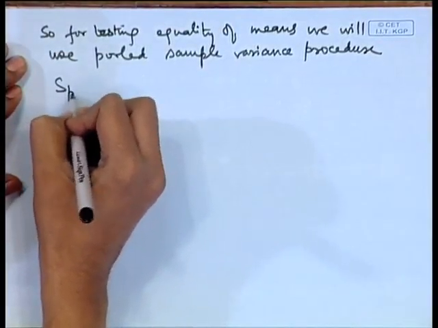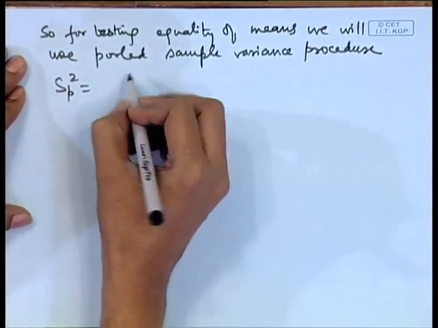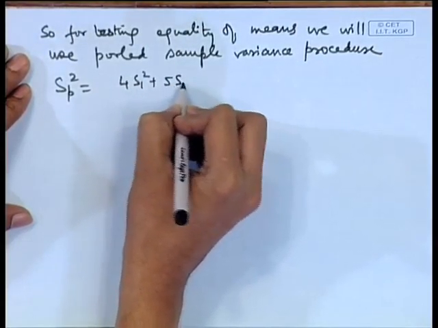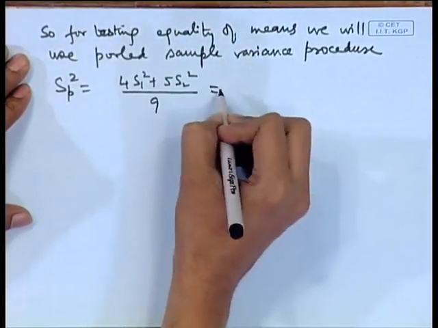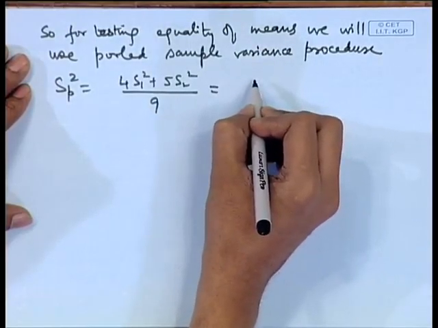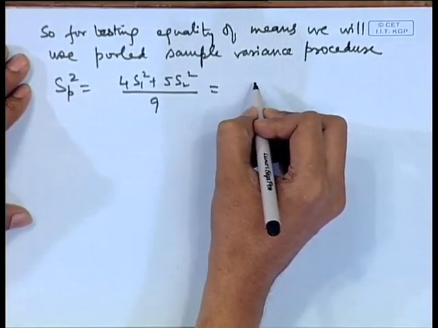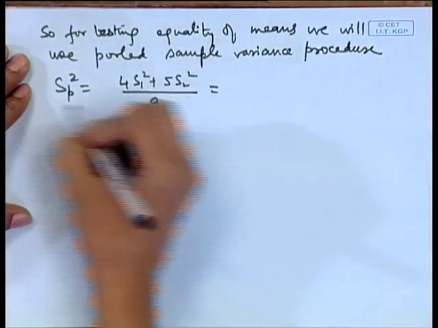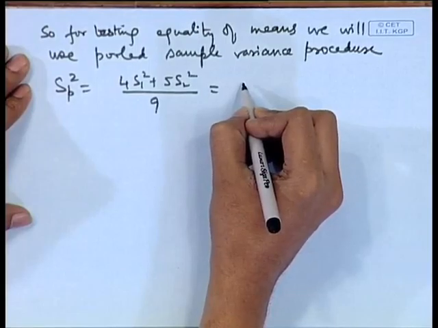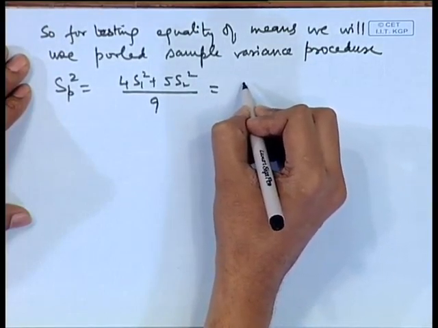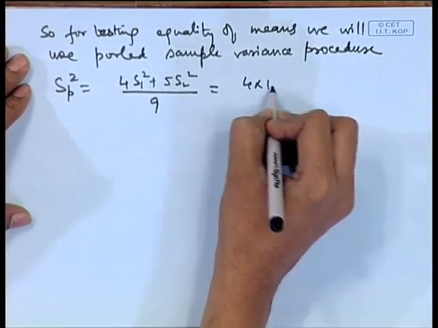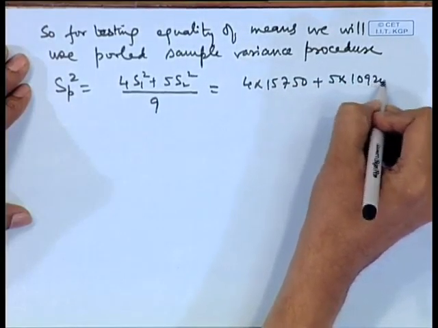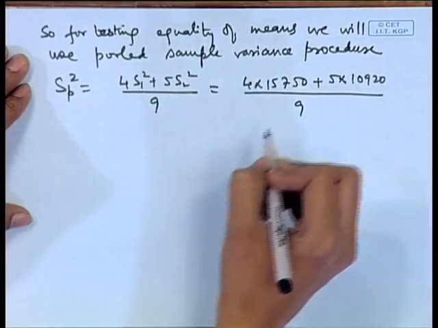So, S p square is equal to 4 S 1 square plus 5 S 2 square by 9, that is, 4 into 15,750 plus 5 into 10,920 by 9.